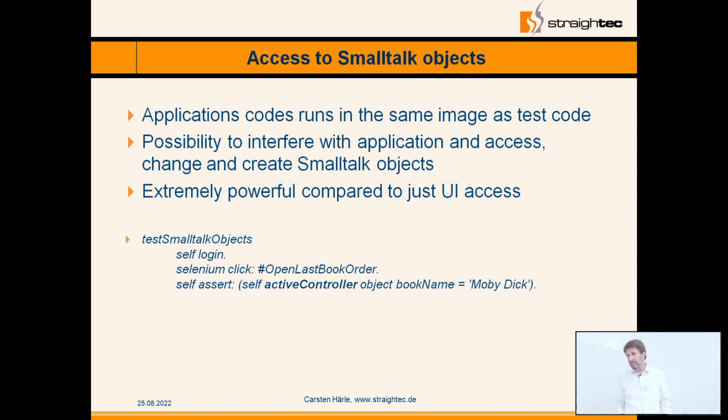Some information is displayed on the web page, but you really want to check that the whole state is correct. So you inspect the object and make assertions directly on the Smalltalk object on the server side.